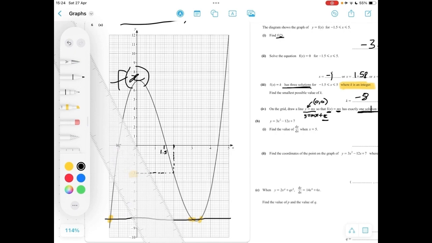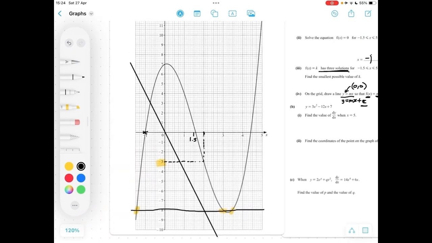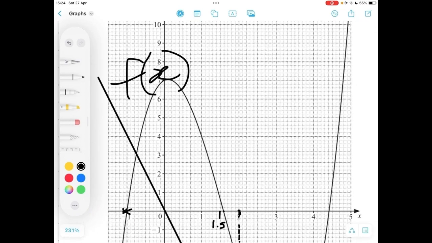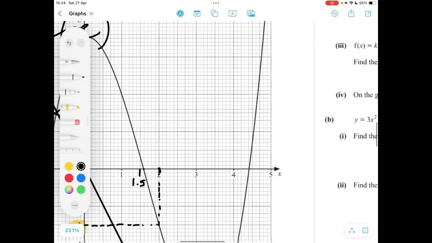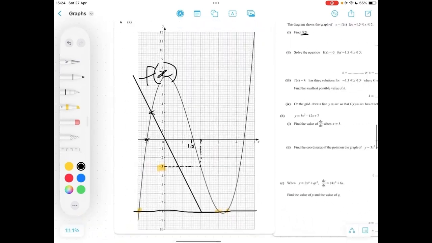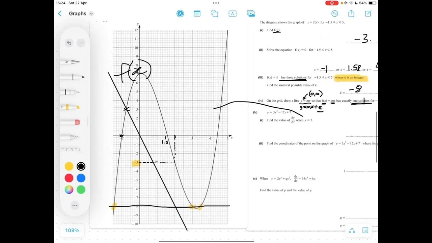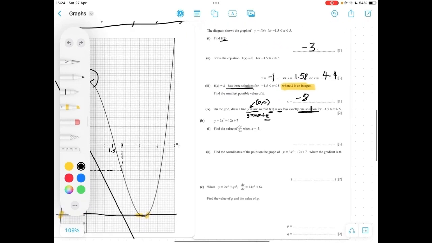So we could just draw this line in. It goes through the origin and only intersects the curve once. As you can see here, it does not intersect the curve at any other point, only here. Therefore there's only one intersection, which means that there's only one solution. So that's that.